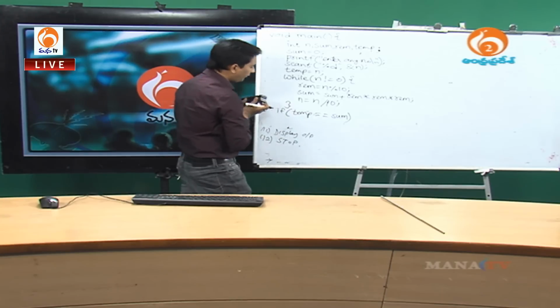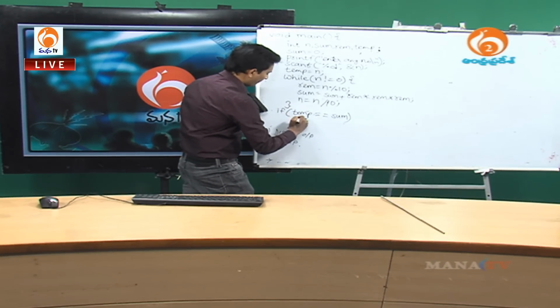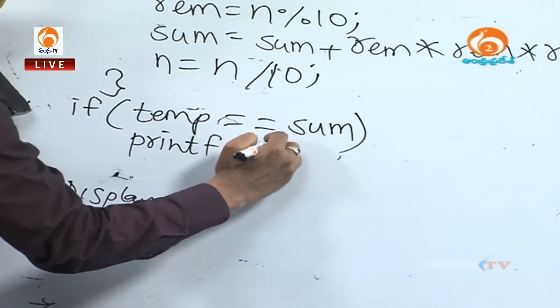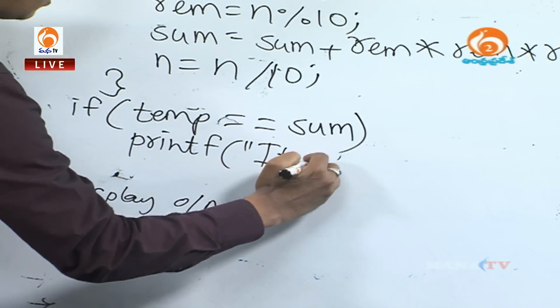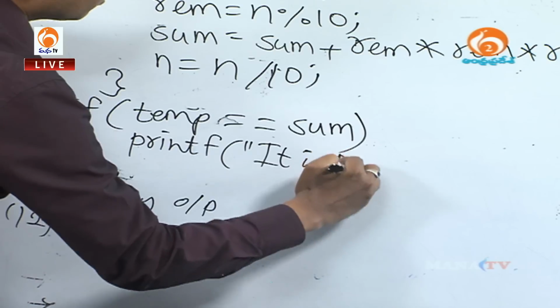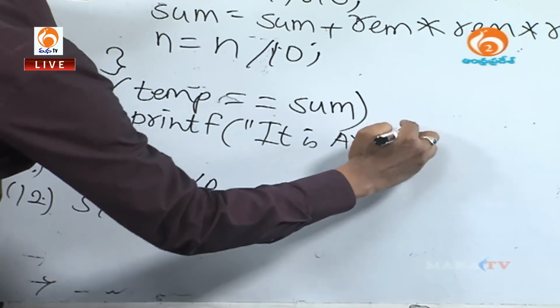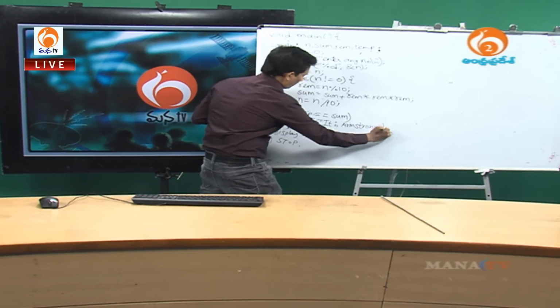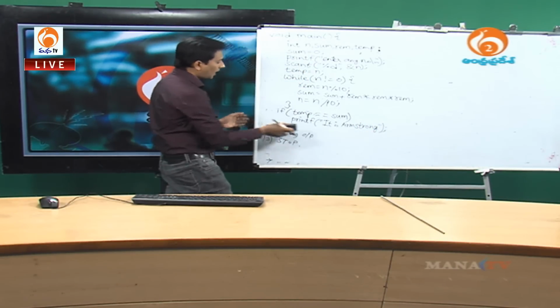If it is true, we need to display, that is printf, it is Armstrong number.